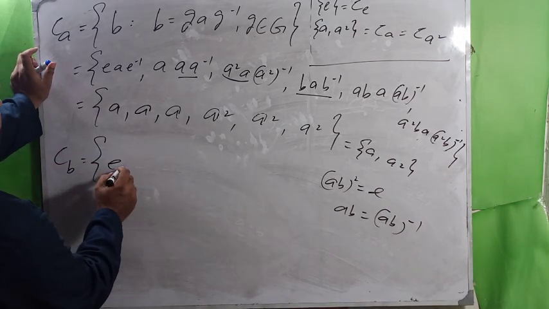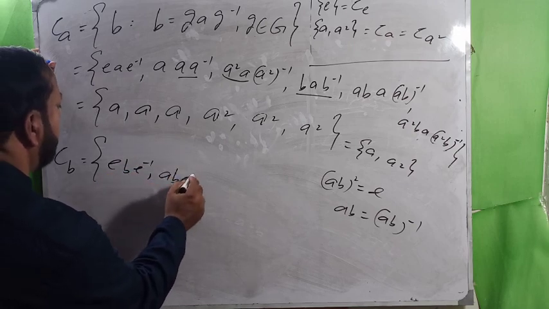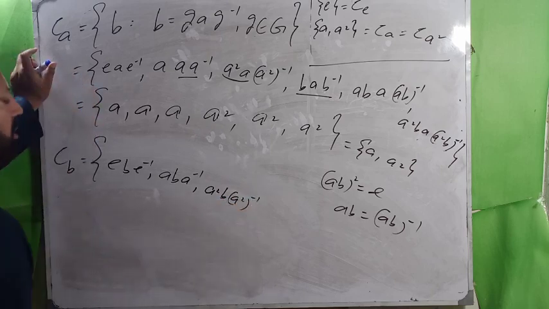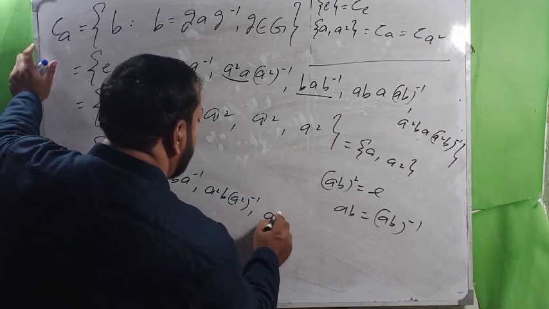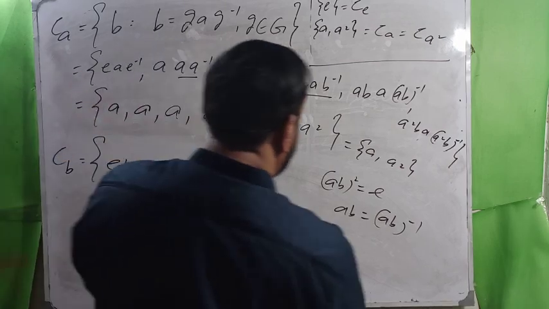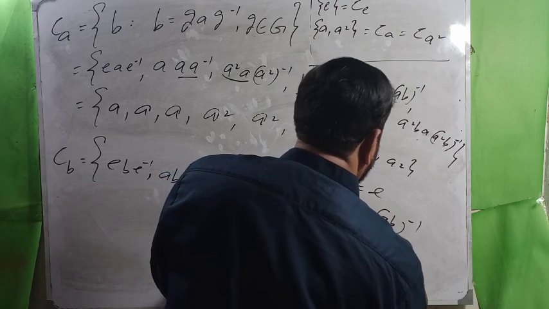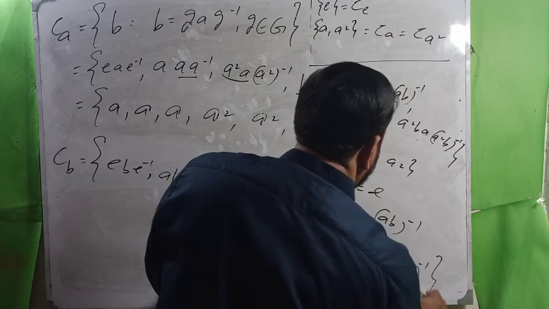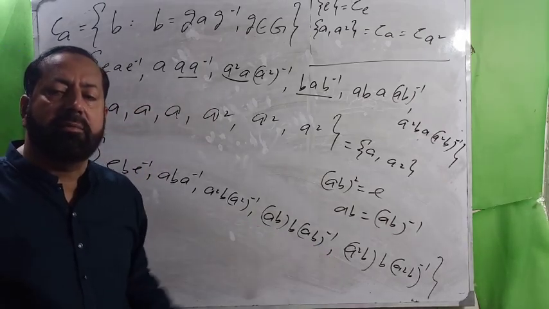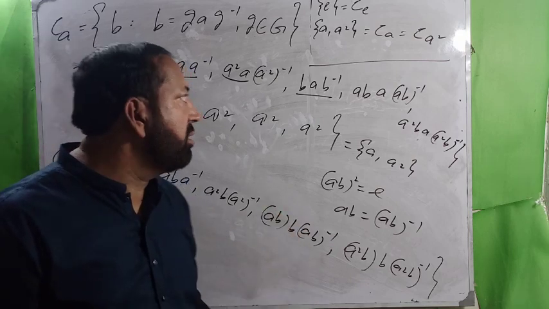This is E inverse, then A inverse, then A square inverse, then AB inverse, then A square B A square B inverse.